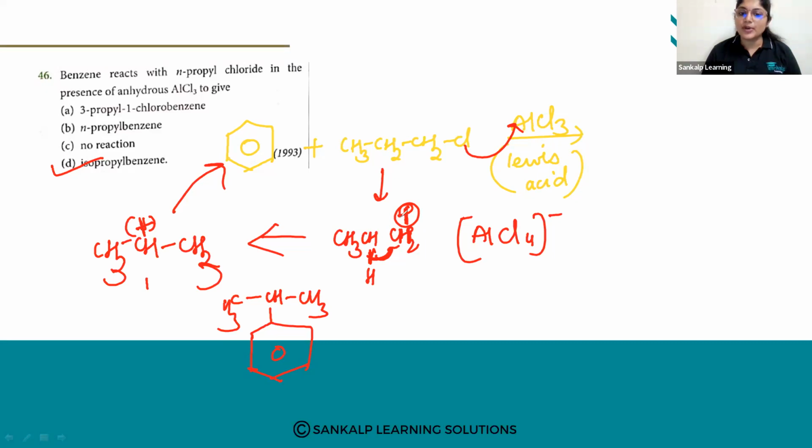This forms a primary carbocation. As primary carbocation is unstable, it will abstract a hydrogen from the adjacent carbon and form a secondary carbocation, which is more stable, and this will attack the benzene ring and you get isopropyl benzene. So D is the answer. Understood?